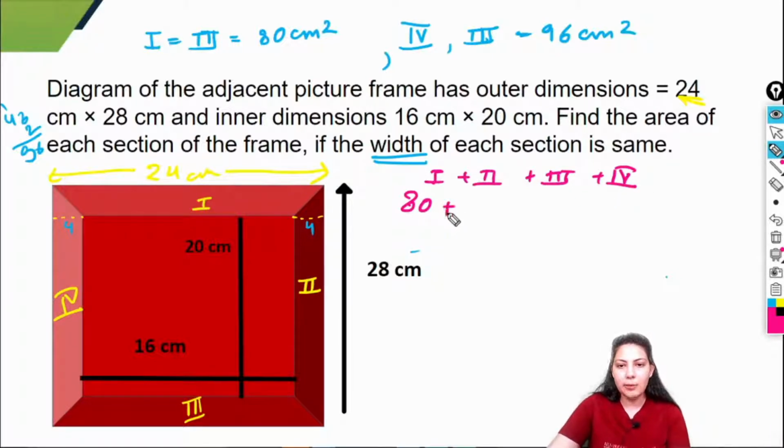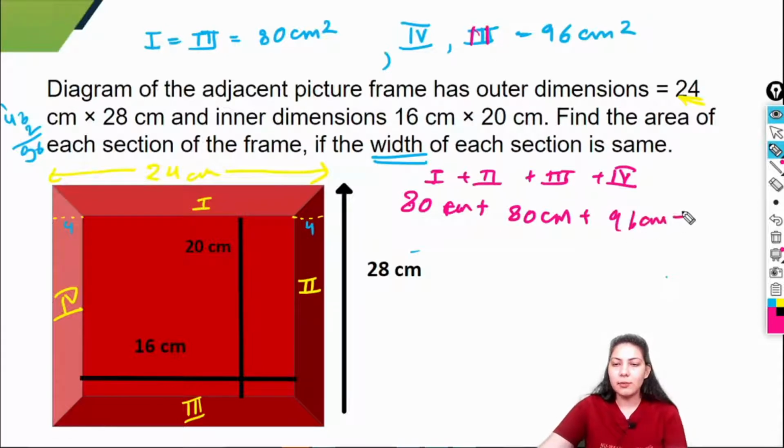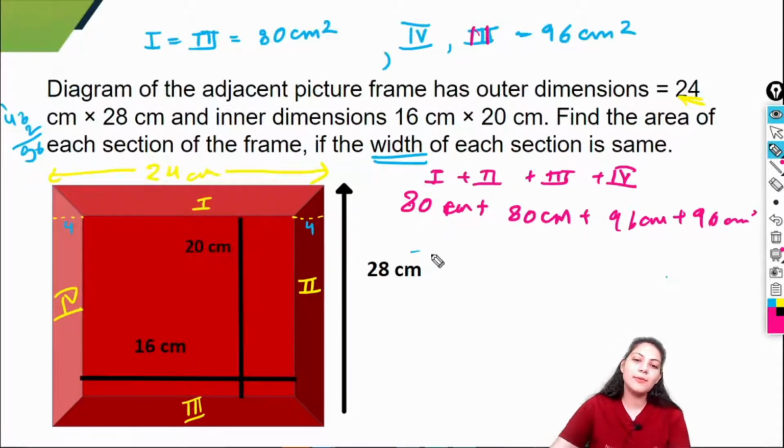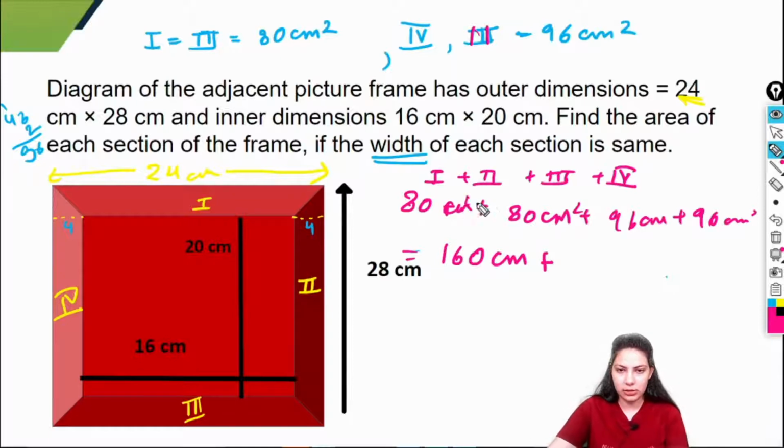So 80 centimeter square plus 80 centimeter square, plus the second part, 96 plus 96 centimeter square. So this will result as 160 plus 96 plus 96 is 192 centimeter square.